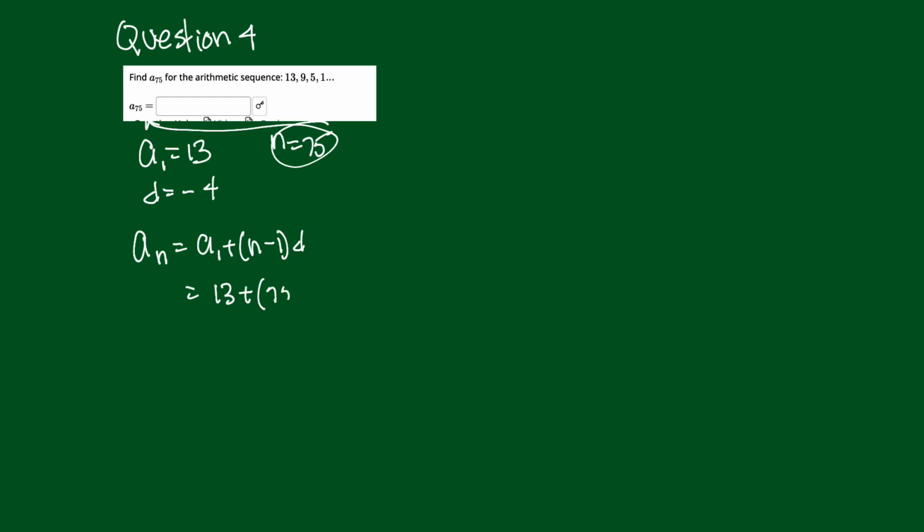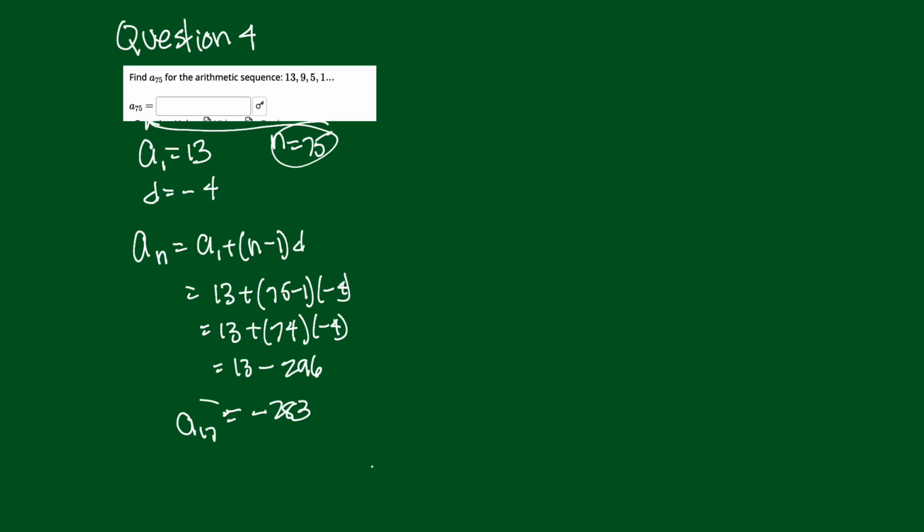All right, so it's going to be 75 minus 1 times negative 4: 13 plus 74 times negative 4. 13 minus, right, positive times negative is negative, 296, and that comes out to negative 283. So the 75th term here is negative 283. So I'll make a note of that up here, negative 283.